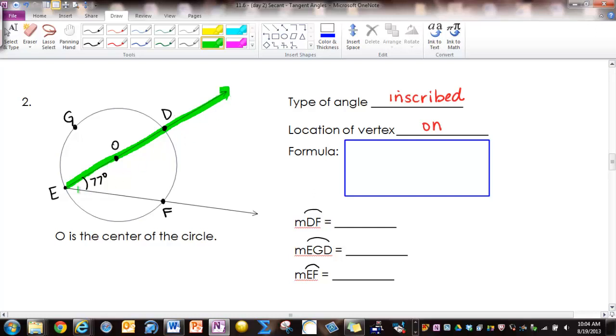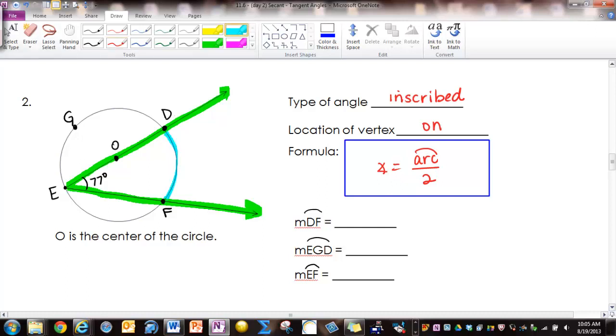Now by tracing the two sides of the angle, we see that the vertex is at E, which is on the circle. So the formula for all angles that are located on the circle is angle equals measure of the intercepted arc divided by 2. Now because that's the case, the angle is smaller than the arc.